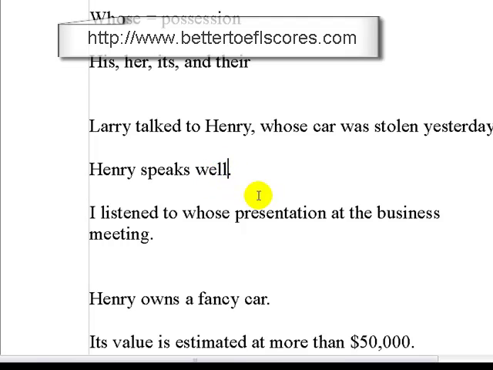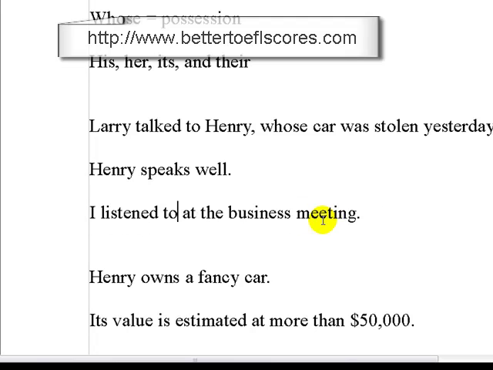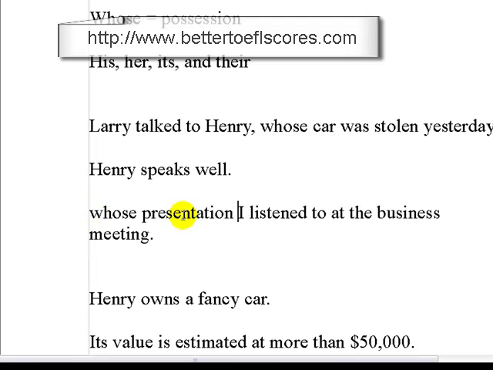The next step: whose means Henry. And whose presentation I listened to, we're going to take this idea, delete it, and put it directly before I. The next thing, which is a little bit tricky, is we have to identify whose.